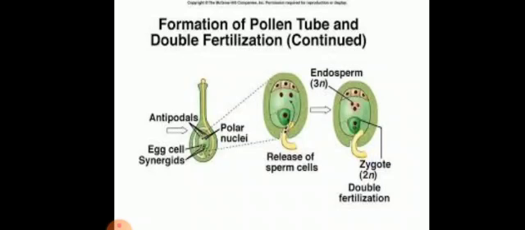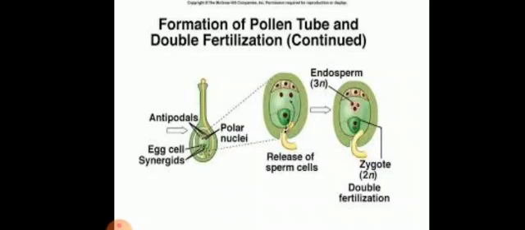Whereas in triple fusion, the second haploid male gamete fuses with the diploid secondary nucleus, producing the primary endosperm nucleus. PEN, the primary endosperm nucleus, is formed, and that develops into the triploid endosperm. The zygote develops into an embryo.